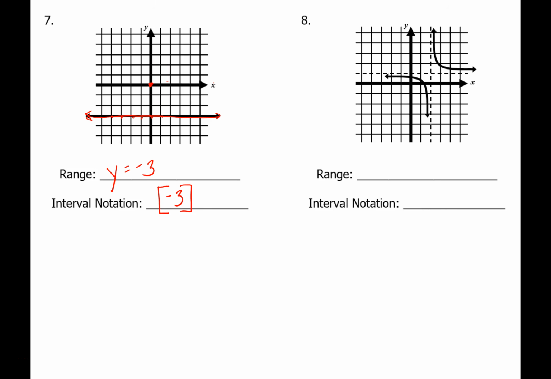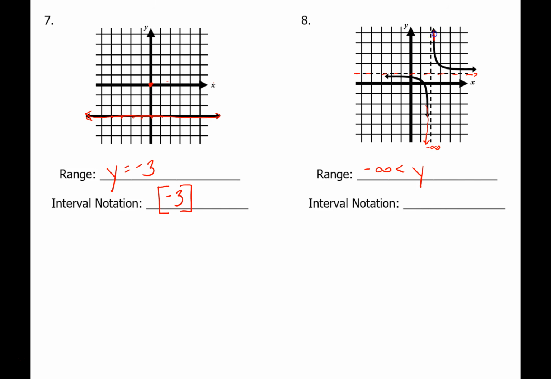All right, so let's go to this last one now. When we are talking about range, remember we're looking down at the bottom, up at the top, but there is this asymptote in the center again that it's not ever actually touching. So this line here goes down forever to negative infinity, so that's where our graph is starting.